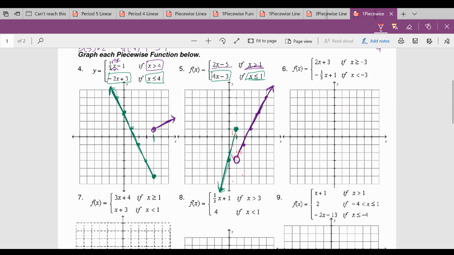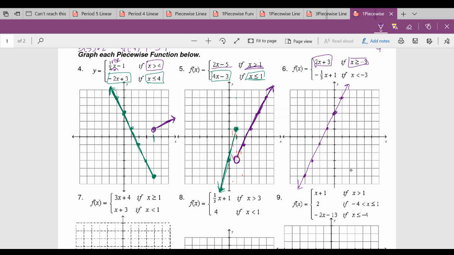All right. Next one here, we have 2x plus 3. My y-intercept is 3, and my slope is 2. Okay? And I'm going to connect the dots just like I normally do. And then my domain is x is greater than or equal to negative 3.